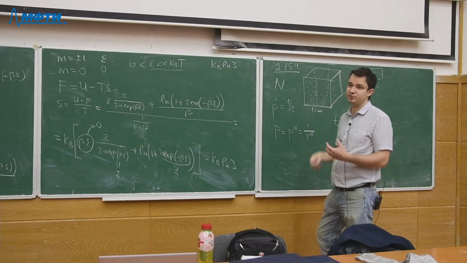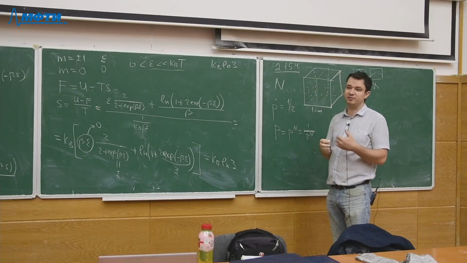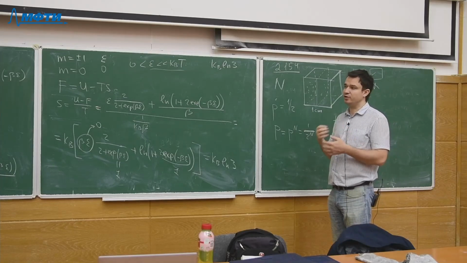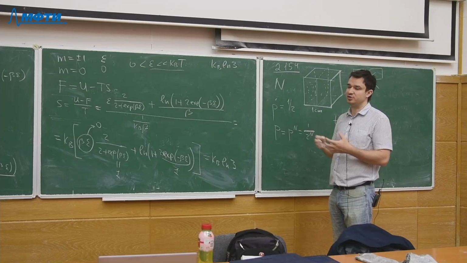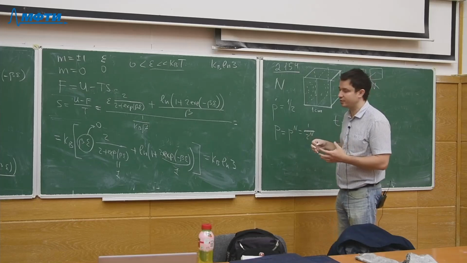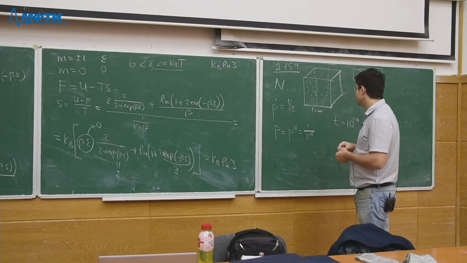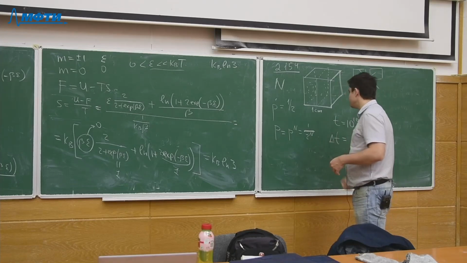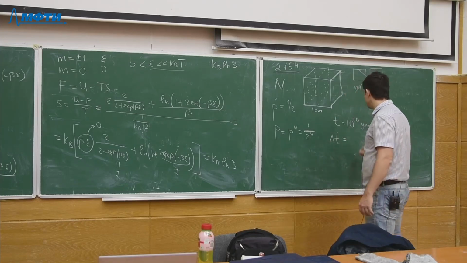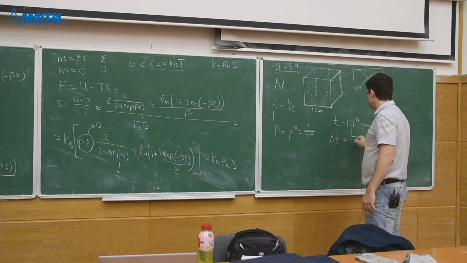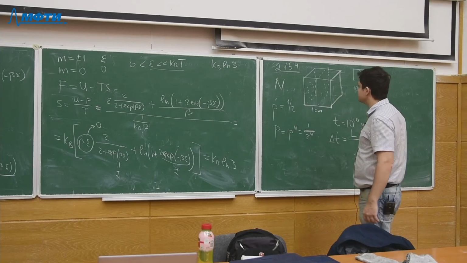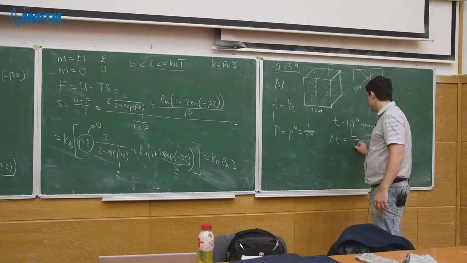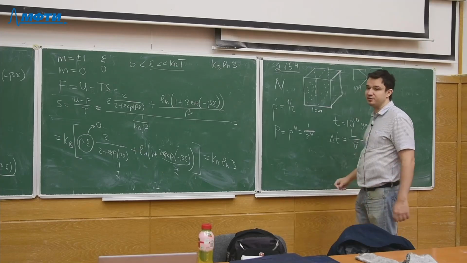So I need to wait quite enough time in order for the molecules to change their positions in the vessel considerably. And the time difference between different coin flips should be approximately equal to the length of the side of this vessel divided by the average speed of the molecule.